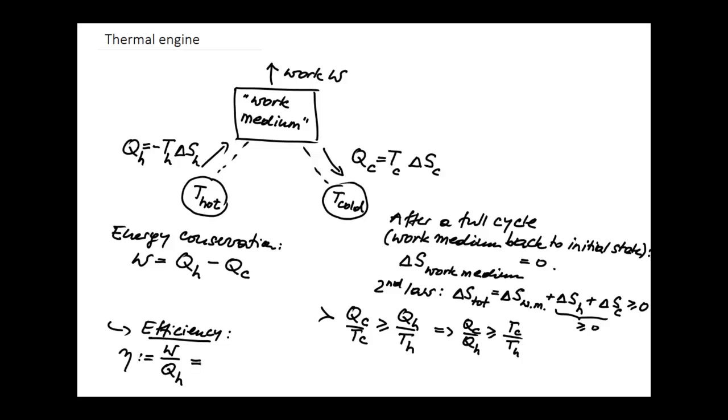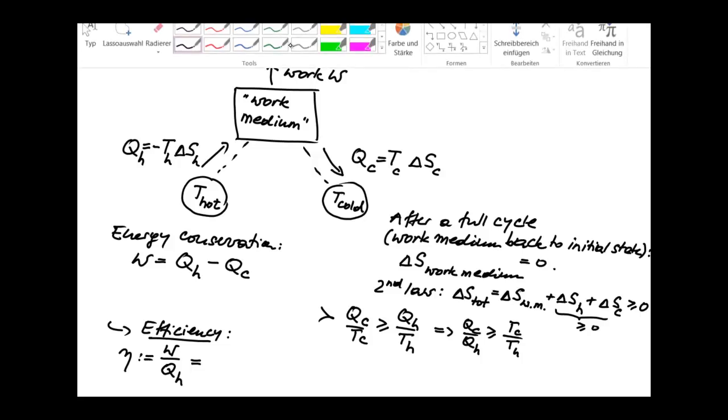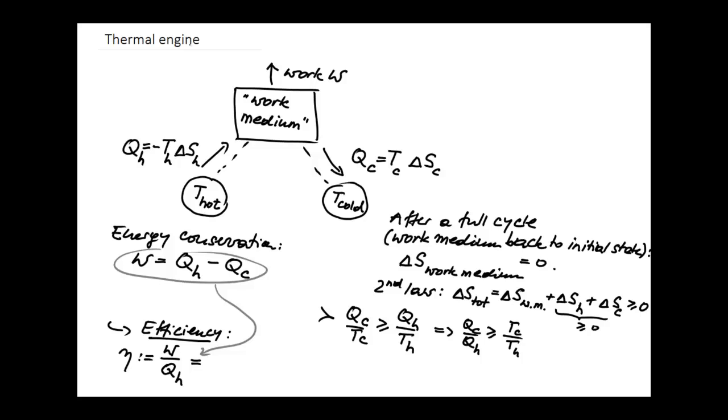By energy conservation, we can express the work as the difference of the two heat fluxes, and we find that this is equal to 1 minus Q cold over Q hot. And for this ratio, we can say it is larger or equal to the cold temperature over the hot temperature. So 1 minus that ratio must be less or equal to 1 minus the cold temperature over the hot temperature.